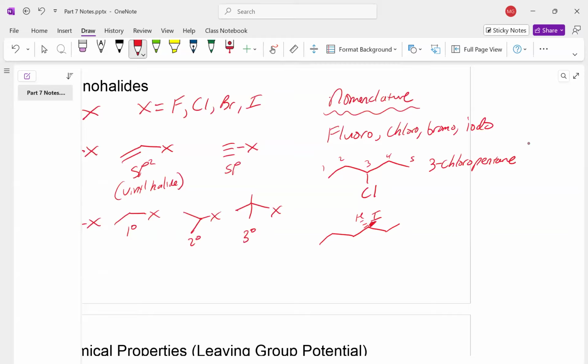So you can't forget about R and S. Even though we had a test on it, it's going to keep on coming up over and over again, so make sure you remember how to do those things. Here the iodine is on the number 3 carbon, but that is also a chiral center. That's the S stereocenter. So 3S-iodohexane.